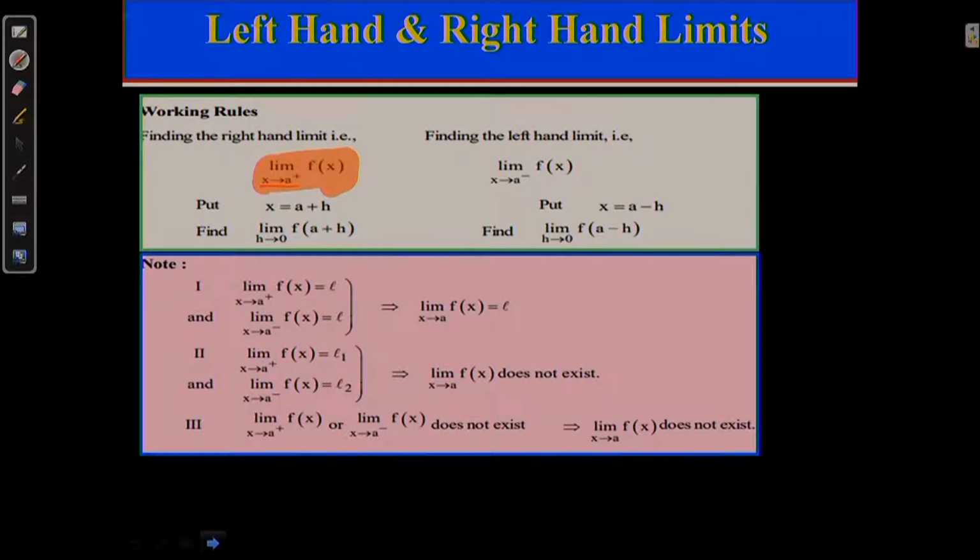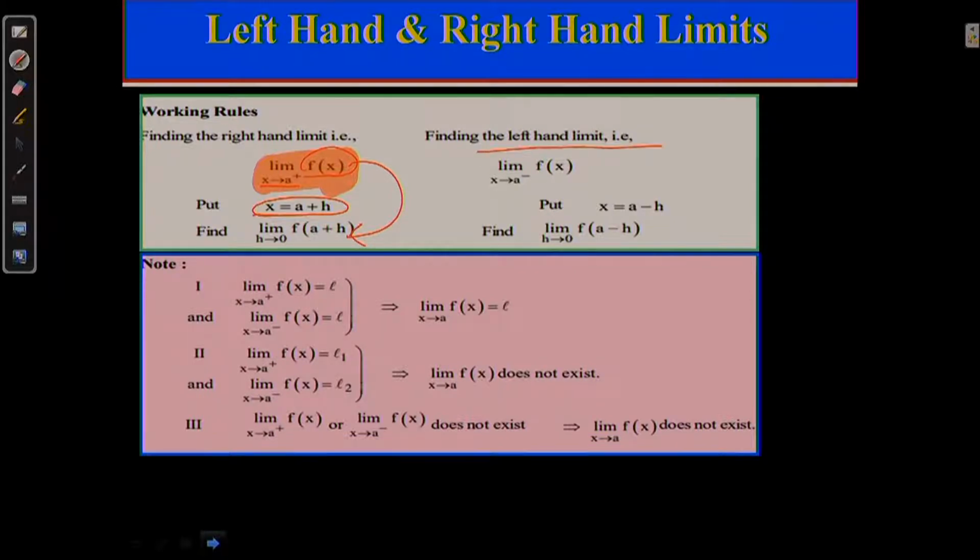In place of x, I can write a plus h, so x equals a plus h. Then the limit as h tends to 0 of f of a plus h gives the right hand limit.